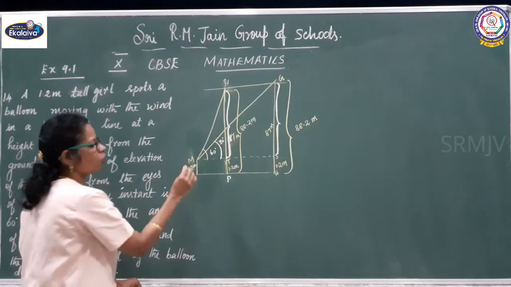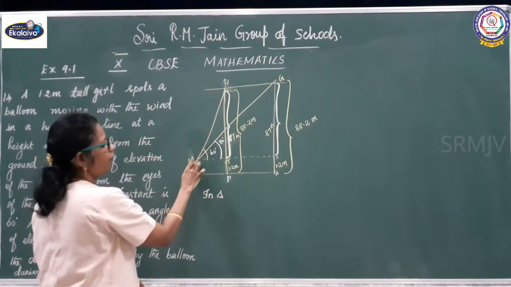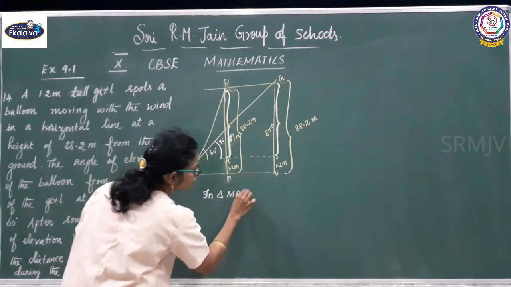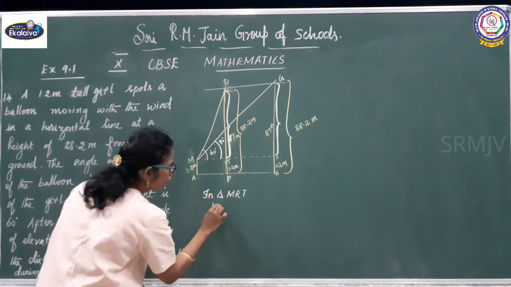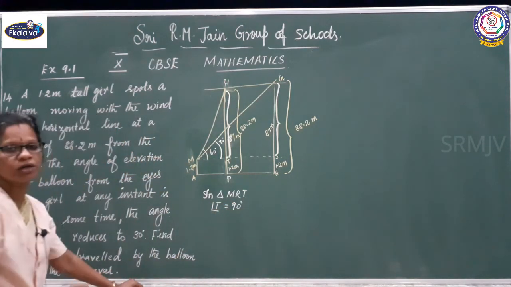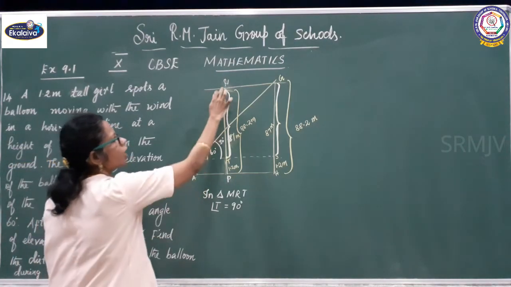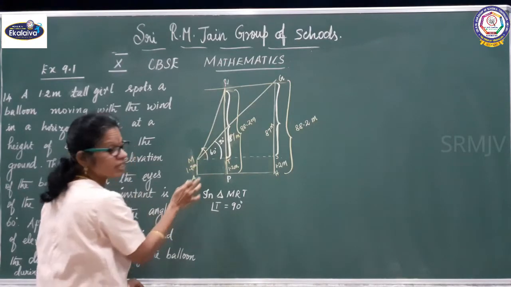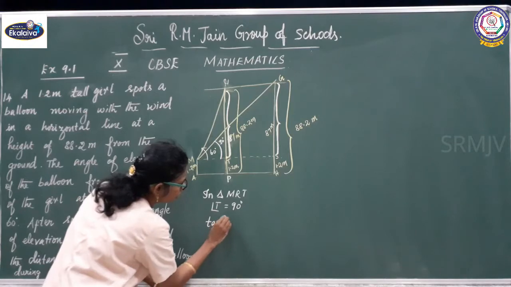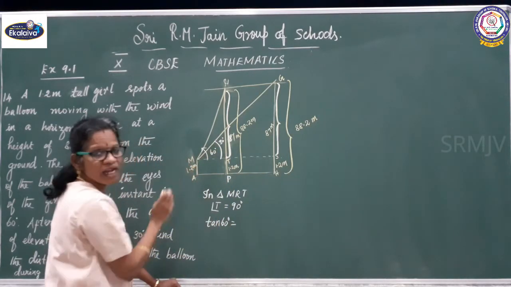Got it, children? Now, in triangle MRT, angle T is equal to 90 degree. This is our angle, right? MRT triangle, it makes an angle 60 degree. So, tan 60 degree equal to opposite by adjacent.